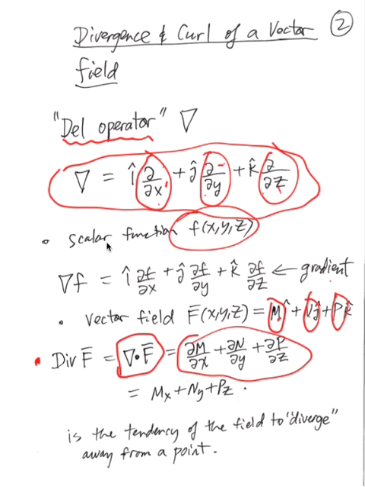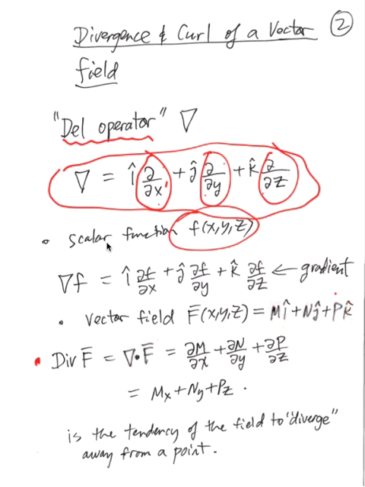So people will do this, and that's what we call the divergence of a vector field. Let me maybe erase this here. That's the divergence of that vector field. It's a tendency to diverge away from a point.